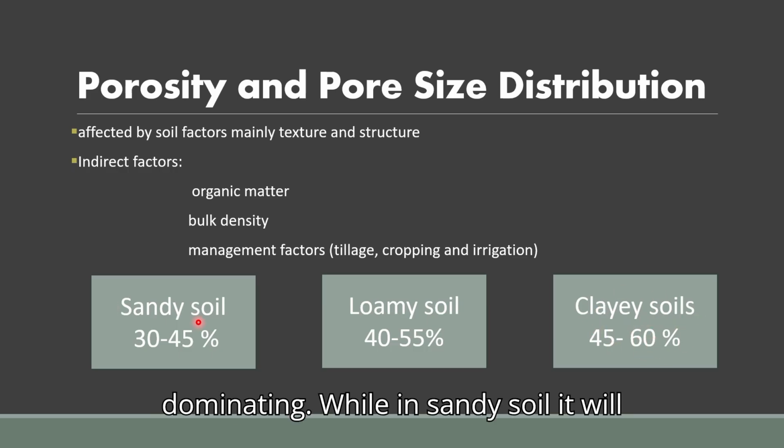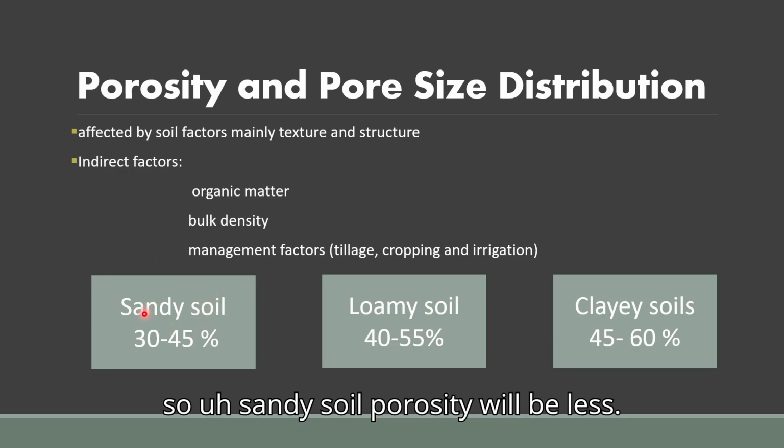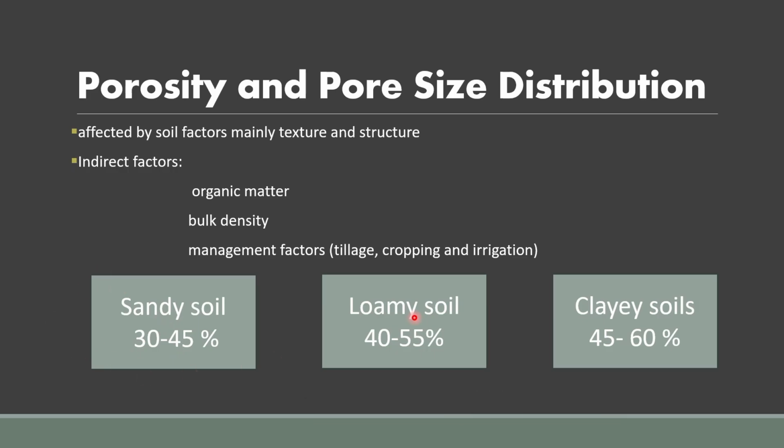While sandy soil will not retain water, as you all know. So sandy soil porosity will be less. This 45 to 60 percent porosity means that out of 100 percent of soil space, 60 percent will be pore. That is the meaning.